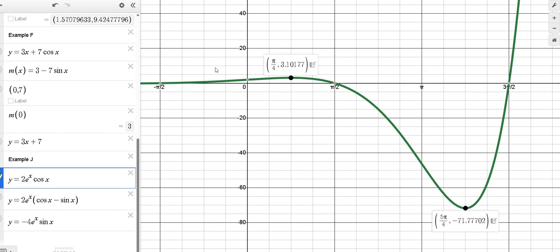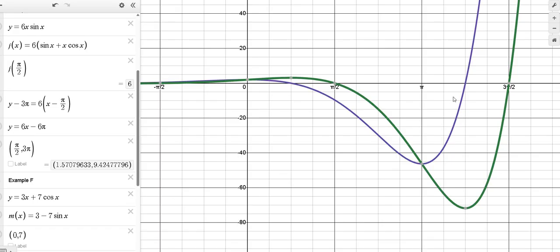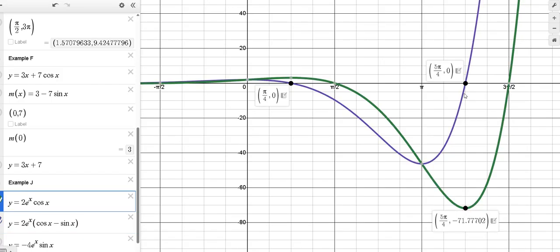So it should be positive, and then cross the x-axis here, and then it's negative until it crosses the x-axis here. Let's take a look at that one. Yeah, there you go. Kind of tough to see this one point here, but there it is. And there's our other point. So these places where you have a derivative of 0, our derivative function should cross the x-axis.